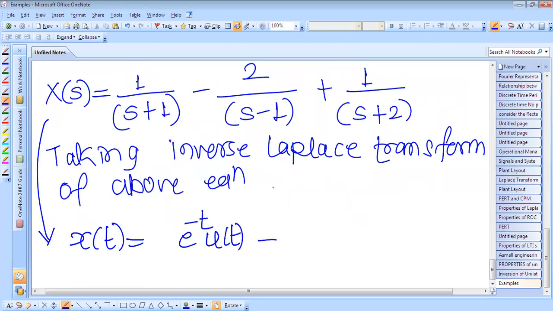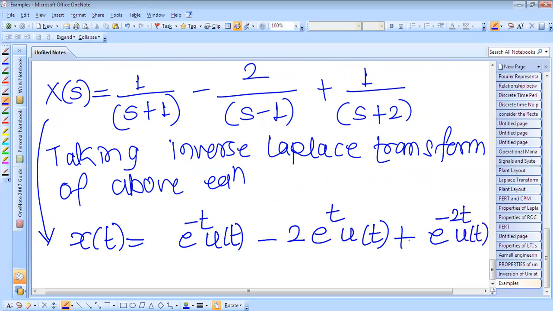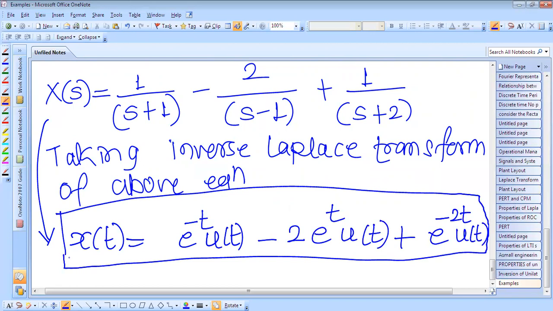Again, this 2 is here, and therefore e raised to power t into u(t) is the inverse Laplace transform of this second factor, and the third factor is e raised to power minus 2t into u(t). So this is the inverse Laplace transform for the given transfer function: e raised to power minus t u(t), like this.